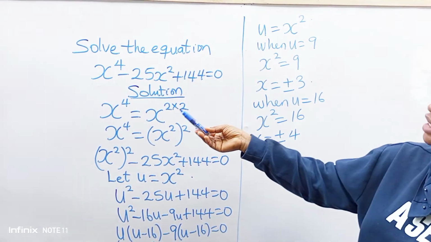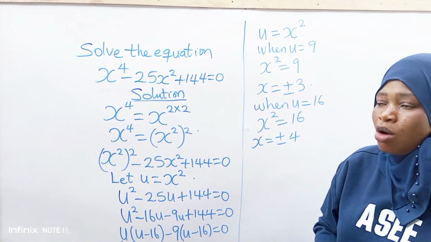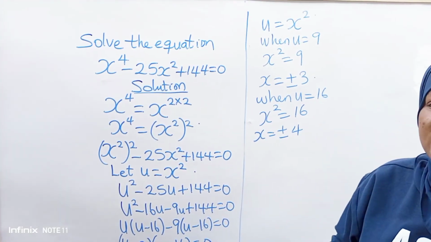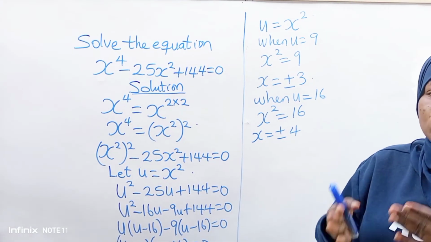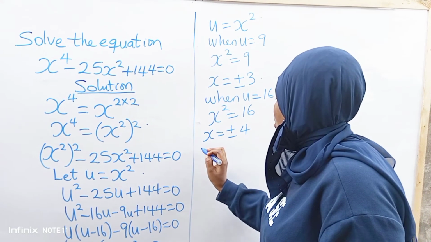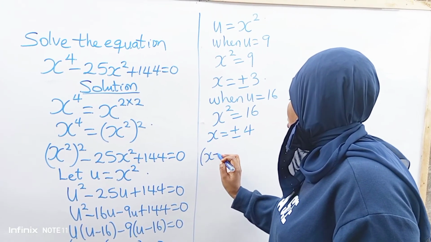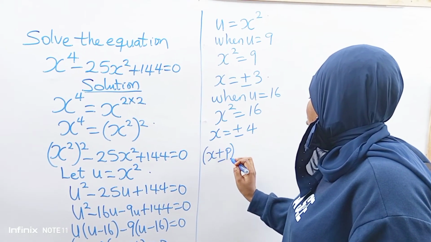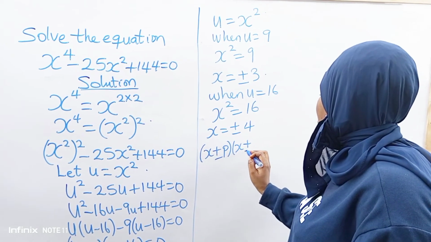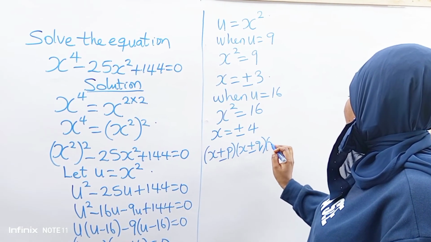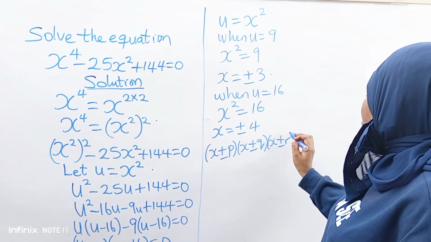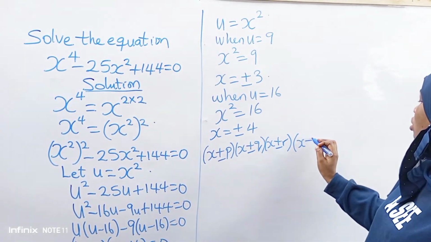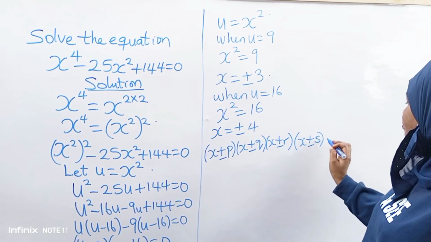Now if you look at this one, the highest degree of the variable there is 4. It means that I'm going to have 4 solutions. So that means I'll have (x plus or minus p) multiplied by (x plus or minus q), multiplied by (x plus or minus r), then (x plus or minus s).